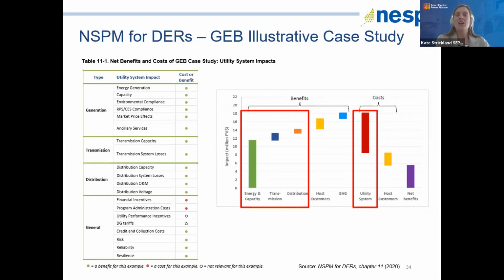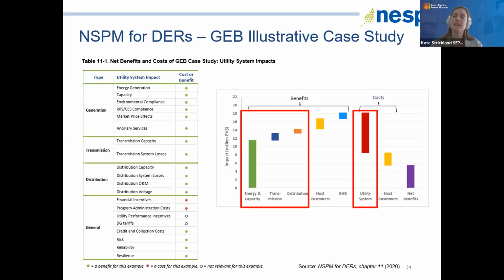Thanks, Julie. So here on the left, table 11.1, we have the net benefits and costs for the utility system impacts for the GEB case study. On the right, we have the same cost effectiveness table. I'm just highlighting the utility system impacts, both the benefits and costs, within the red box to better explain what's going on here.